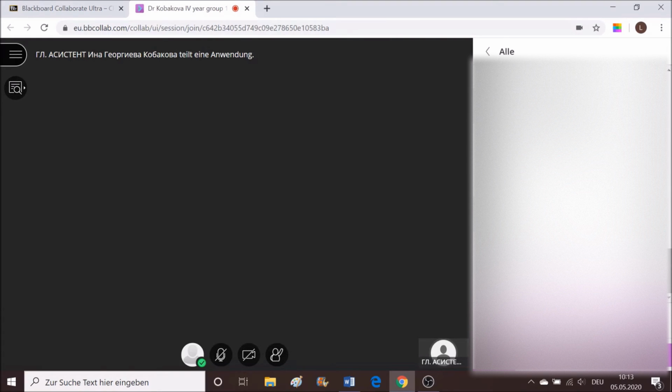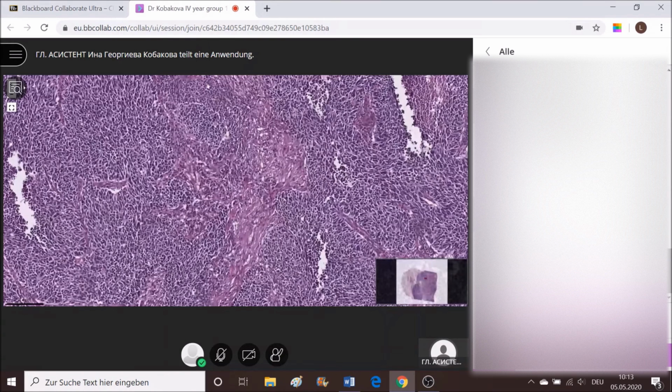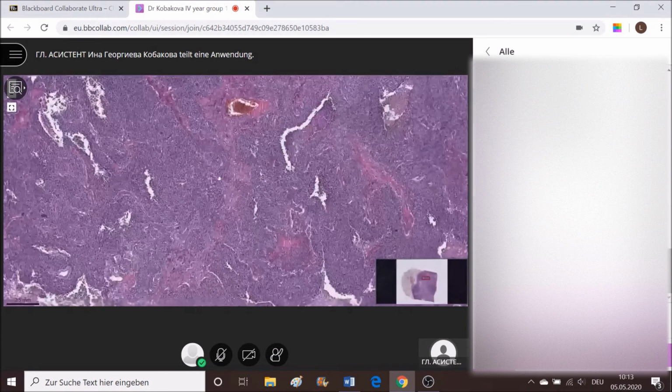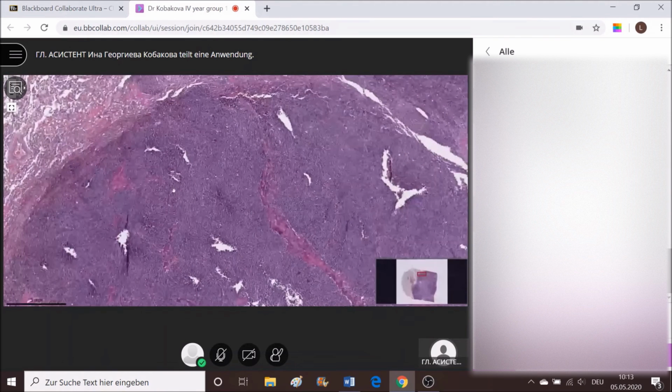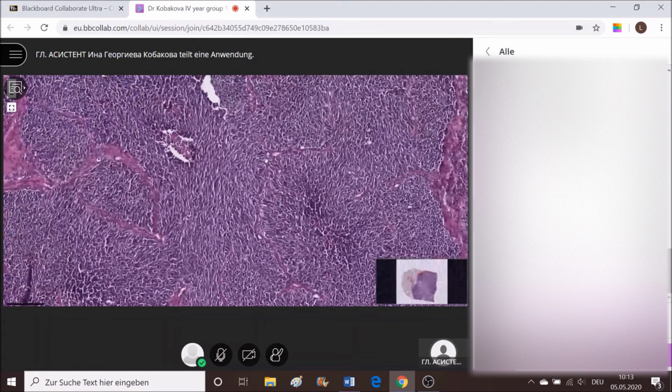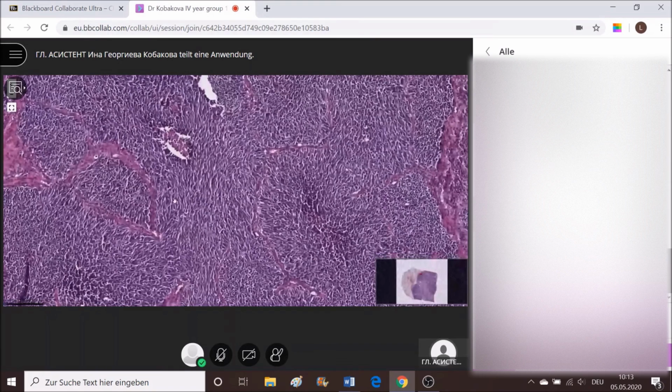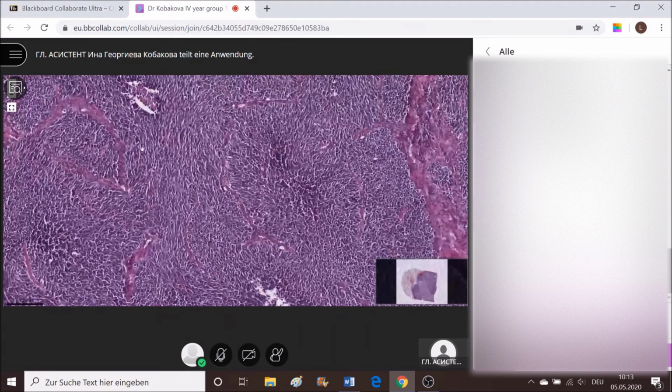Yeah. For this type of tumor, you need to mention that it's a small cell type of carcinoma in the lungs, a neuroendocrine type of tumor. Whether it's a tumor or a carcinoma depends on the mitotic count and the proliferative index that we can observe inside the cells and in the nuclei.